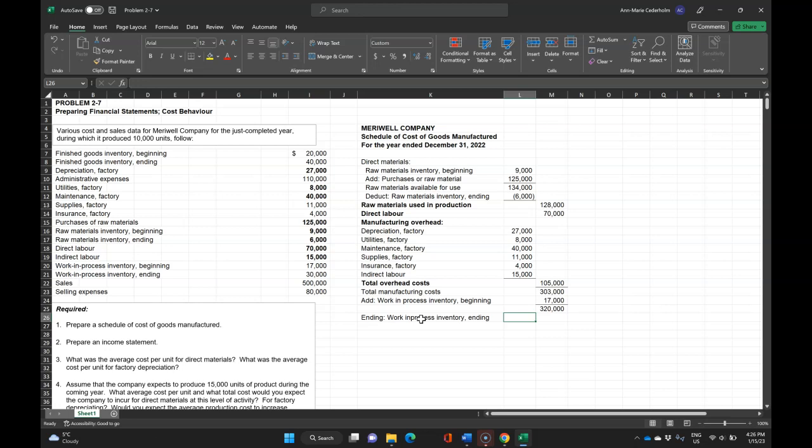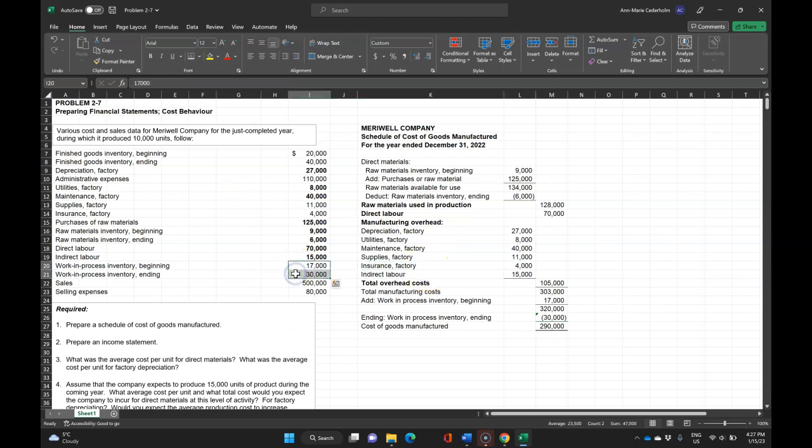So that would be my cost of goods manufactured. I'm just going to put a double underline on this because I've done this report.